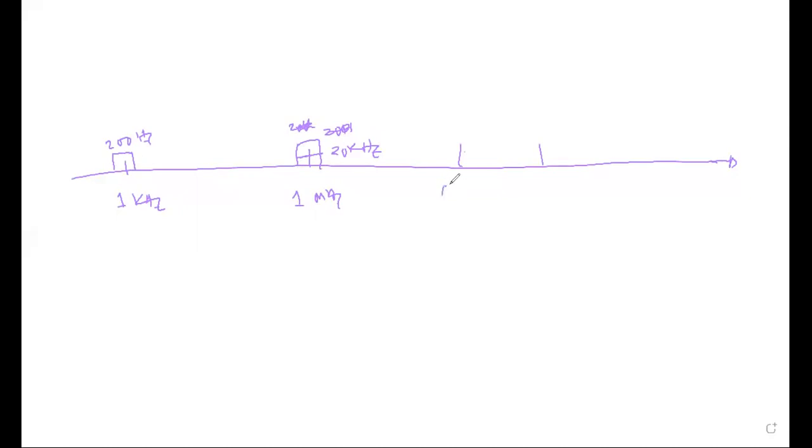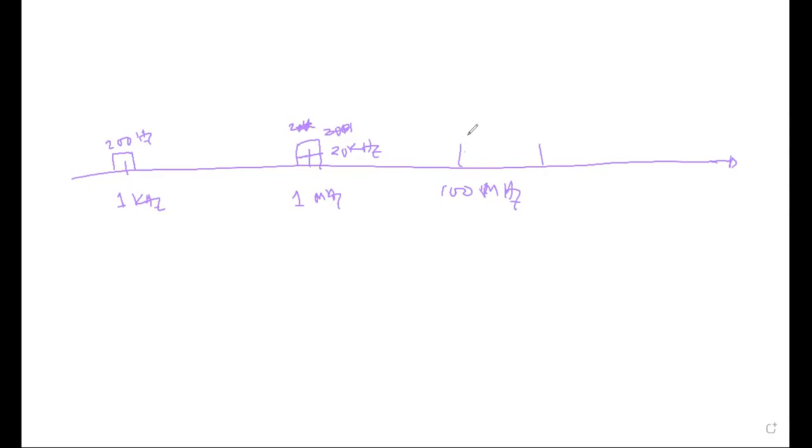Say you consider some carrier frequency, because when you modulate, you put the signal on a carrier. If the carrier frequency is much higher, around 100 megahertz, then you have so much space available.